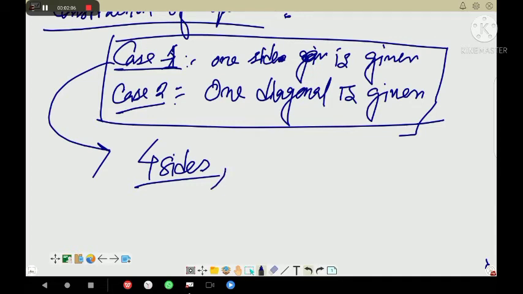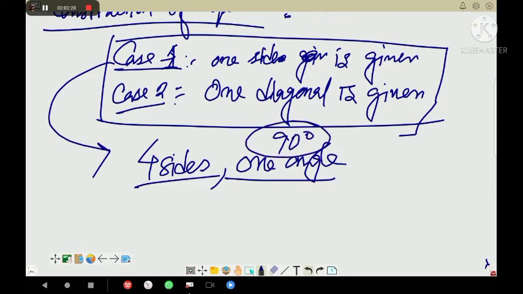And we know that all angles of a square are 90 degrees. So we can say 4 sides and one angle are given.